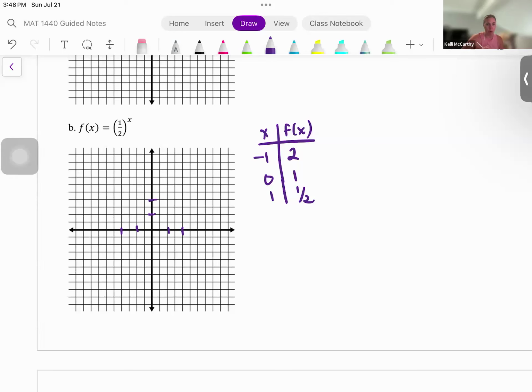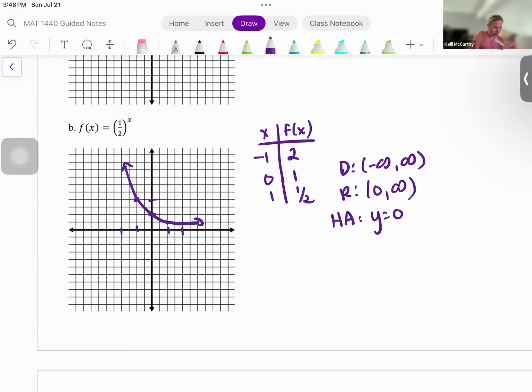Dividing my grid up the same way, I've got a point at (-1, 2), (0, 1), (1, 1/2). And there's the graph of my function. The domain is all real numbers, so negative infinity to positive infinity. The range is 0 to positive infinity. And our horizontal asymptote is y equals 0.